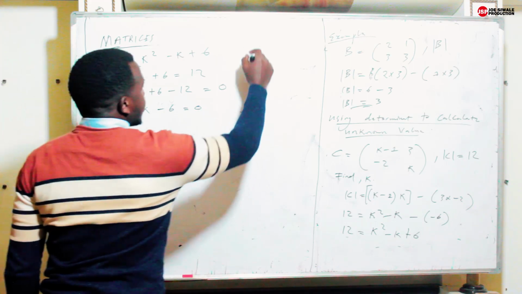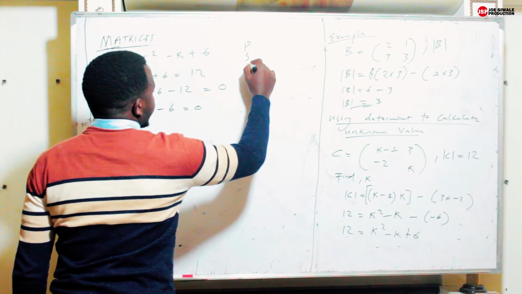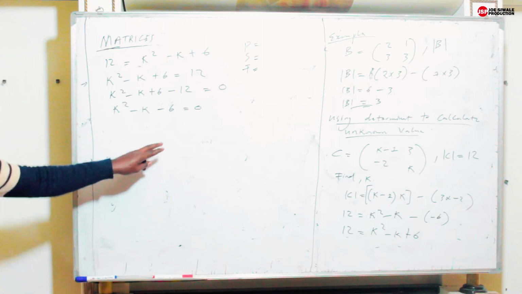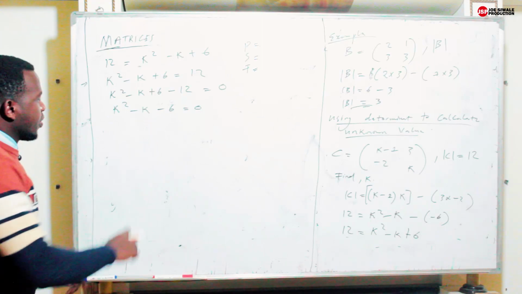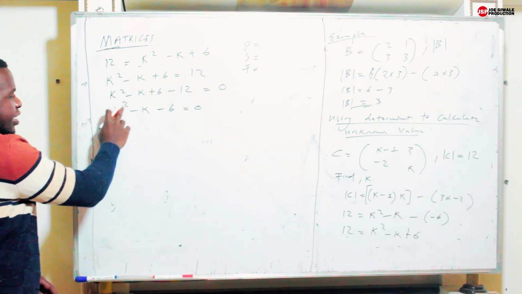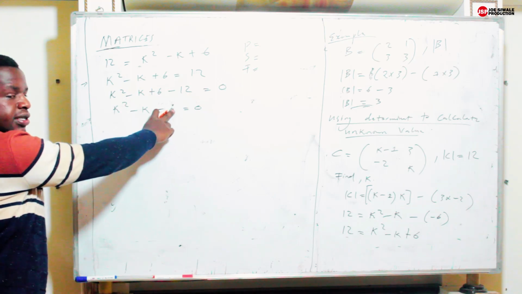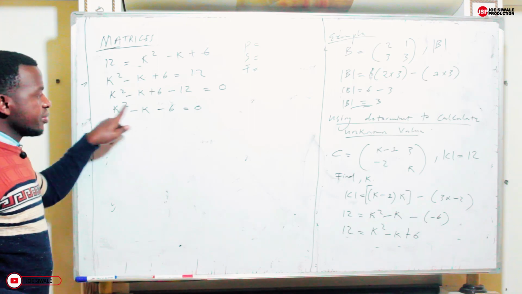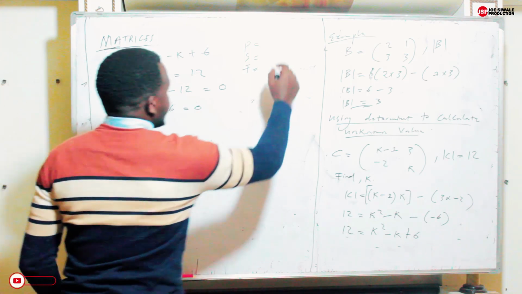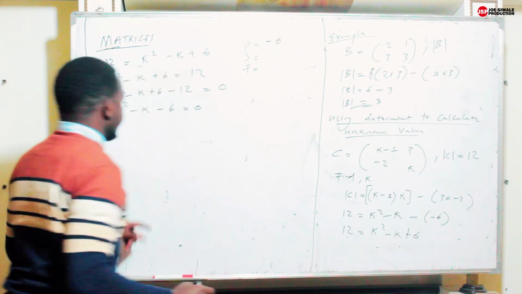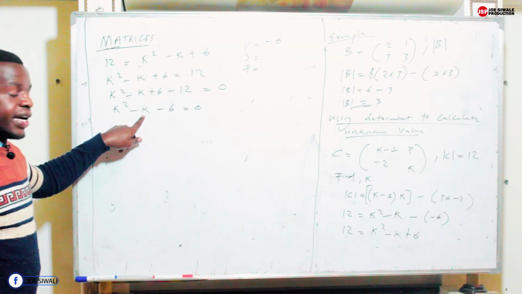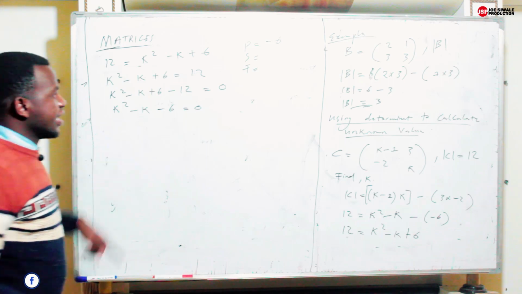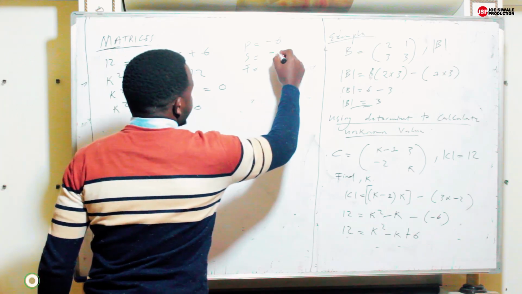So we can find our product sum factor for us to find the value of K. So for us to find our product there, we're going to multiply the coefficient of K squared with negative 6. So the coefficient of K squared, that's 1. So we're going to say 1 multiplied by negative 6, we're going to have negative 6. Then our sum is the coefficient of K, and the coefficient of K, that's negative 1.